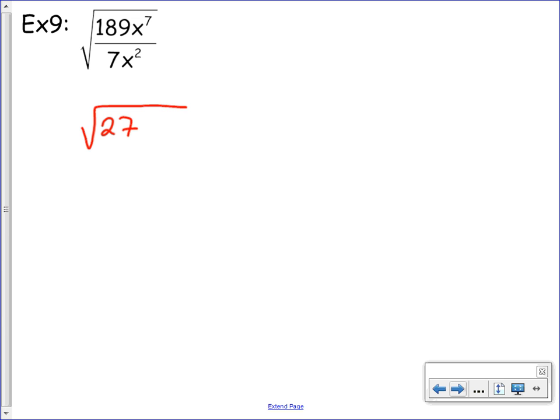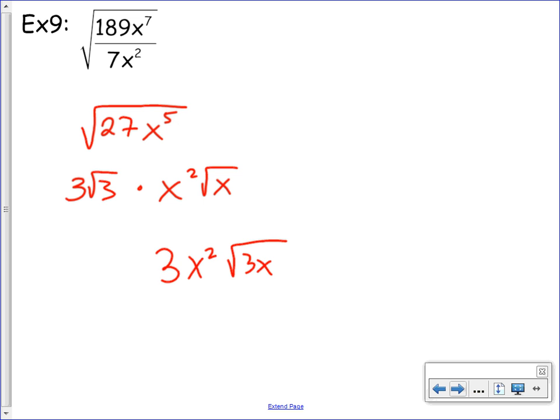Subtract. 7 minus 2 is x to the 5th. 27 is 3 root 3, right? X to the 5th is x squared root x. So final answer, 3x squared root 3x. Plus or minus? Plus sure.